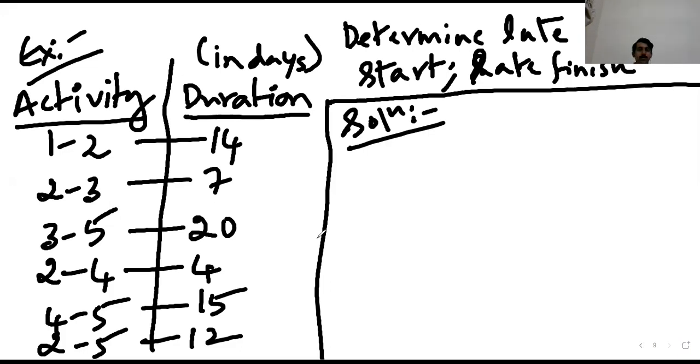All right. So solve this by yourself. How are you going to start this problem? Just refer to the previous problem and tell me how you are going to approach this problem. Drawing the network diagram. Correct. That will be the first step.